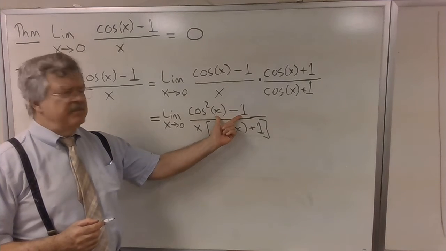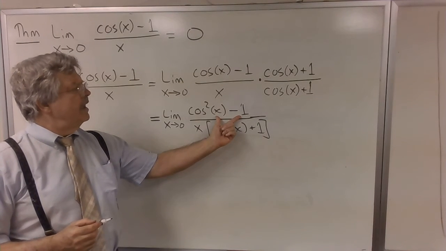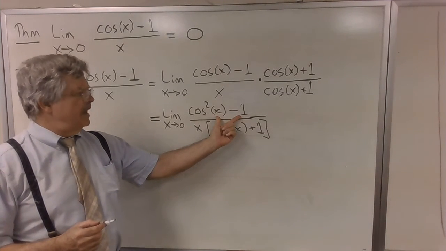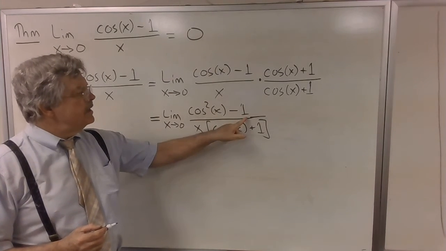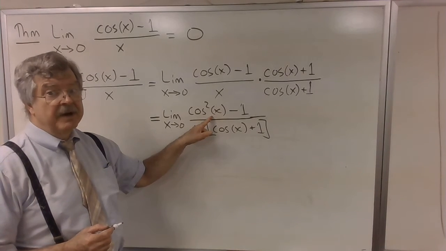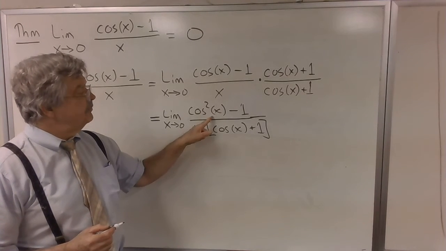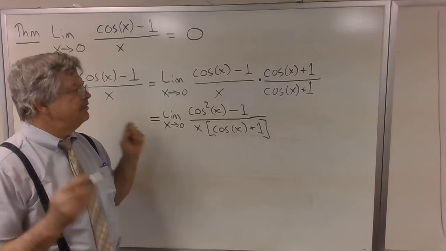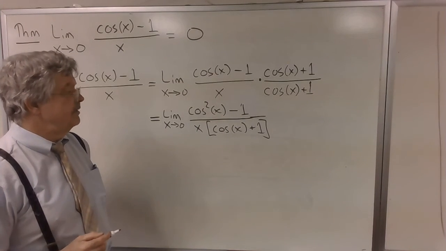This looks familiar, and I just realized why. 1 minus cosine squared x is sine squared. So cosine squared minus 1, that's just negative sine squared of x.